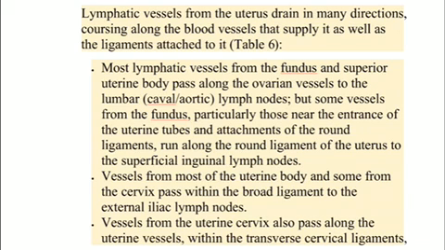Lymphatic vessels from the uterine cervix also go along the uterine blood vessels within the transverse cervical ligaments to the internal iliac lymph nodes. And the lymphatic vessels go along the uterosacral, what we call the sacrogenital ligaments, and empty to the sacral lymph nodes.